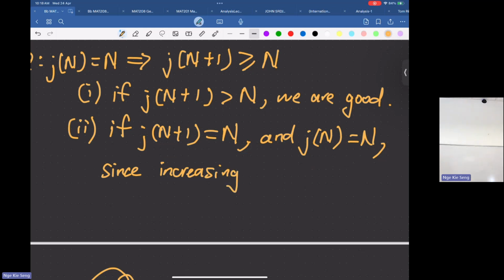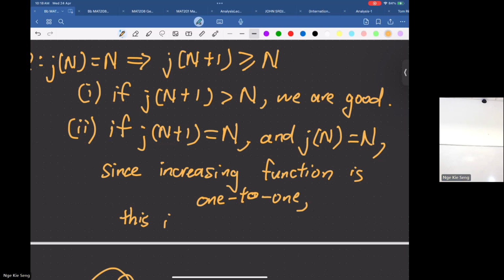Like calculus 2, not yet. Never. Forget already. Okay, so since an increasing function is 1-to-1, this is a contradiction.